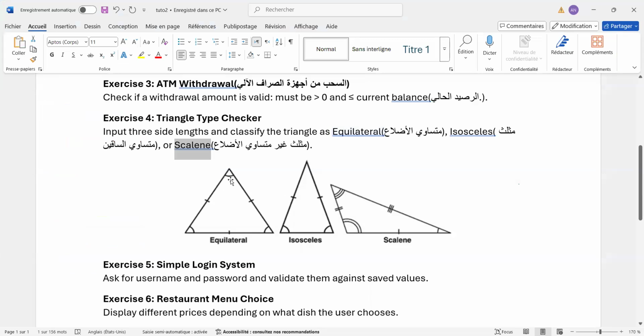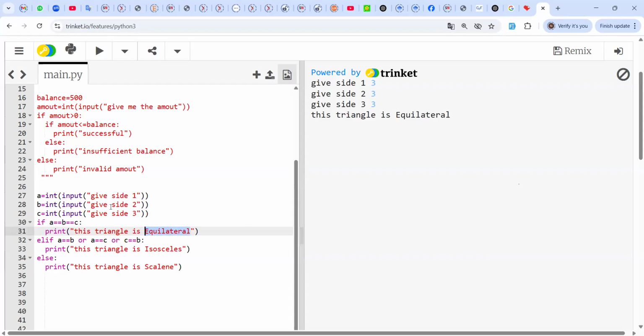We are talking about this figure, okay? And if, for example, we change one of them, like let's say 3, 2, 2, we have an isosceles triangle. Here we have B is equal to C.